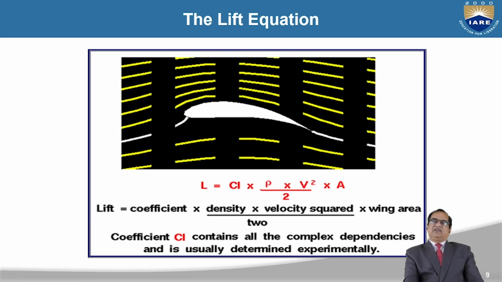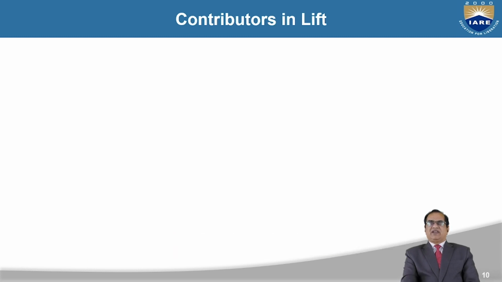You can see here one airfoil, and for this airfoil the lift is equal to CL into half rho V square into A, where CL is the coefficient of lift which contains all the complex dependencies and is usually determined experimentally through the wind tunnel. Rho is the density of air, V is the free stream velocity, and A is your wing area. So that is the lift equation, and it is shown in this diagram.